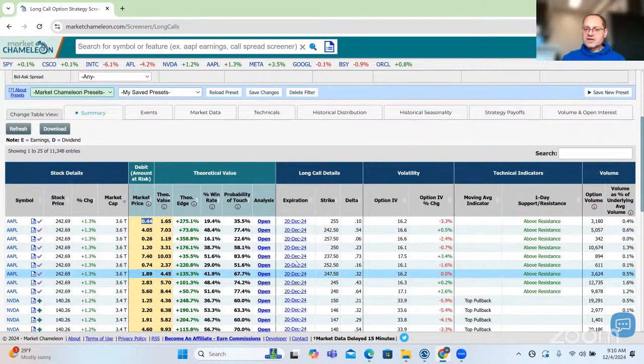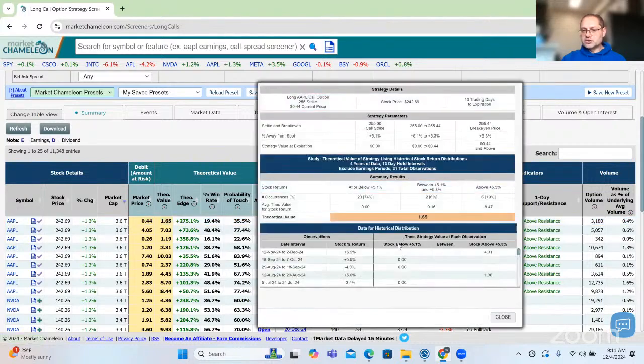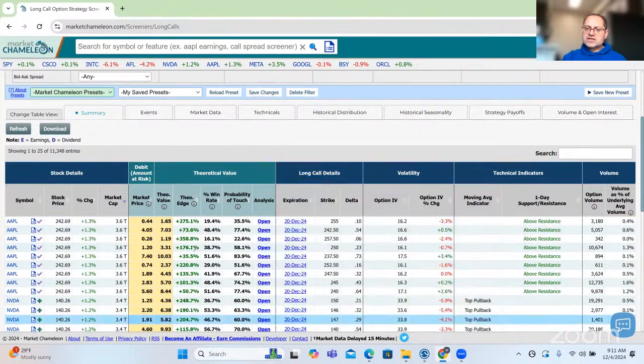So here we have the theoretical value, Theo edge, win rate, probability touch, and then the analysis used. If you click open, it'll show you the analysis used in this particular model. It is based on Apple's historical price return distribution.